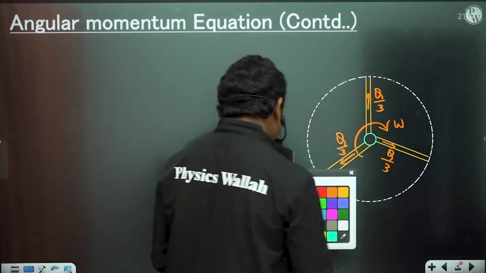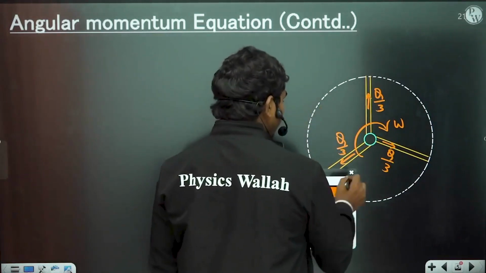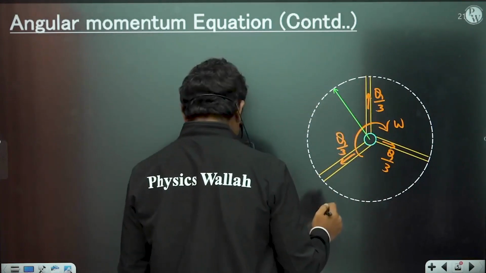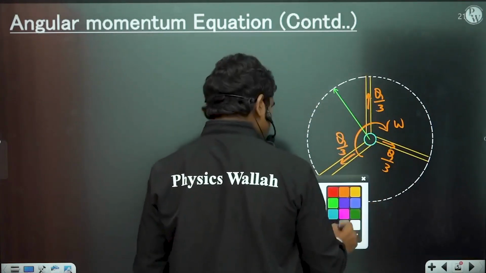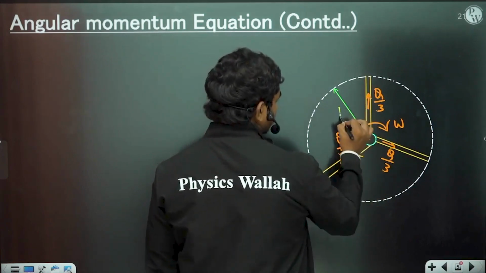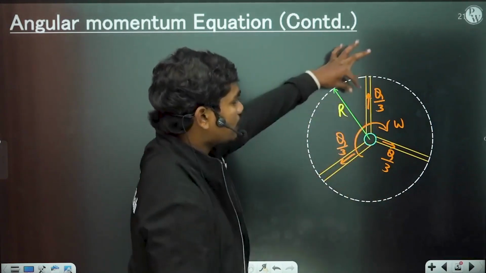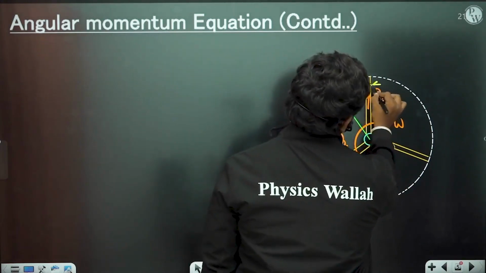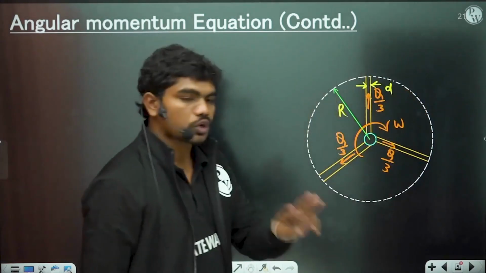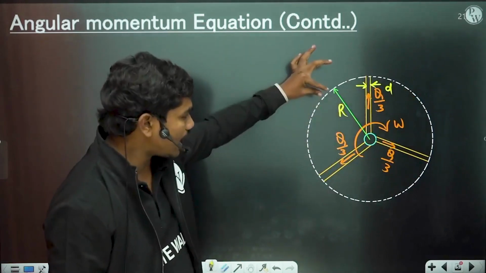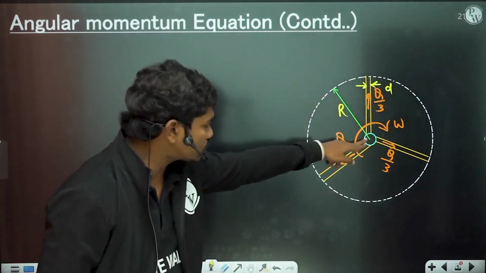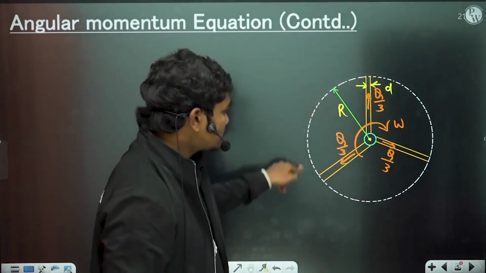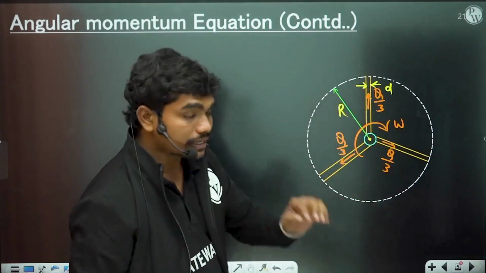And let us suppose the mean radius is capital R. Okay, so let us suppose the mean radius is actually capital R in this case, and let us suppose the diameter of each arm is small d. So total there are three arms, each arm is of some small diameter d, and of course from this pivot which is at the center, this fluid is being sprinkled at a velocity at a distance of capital R.